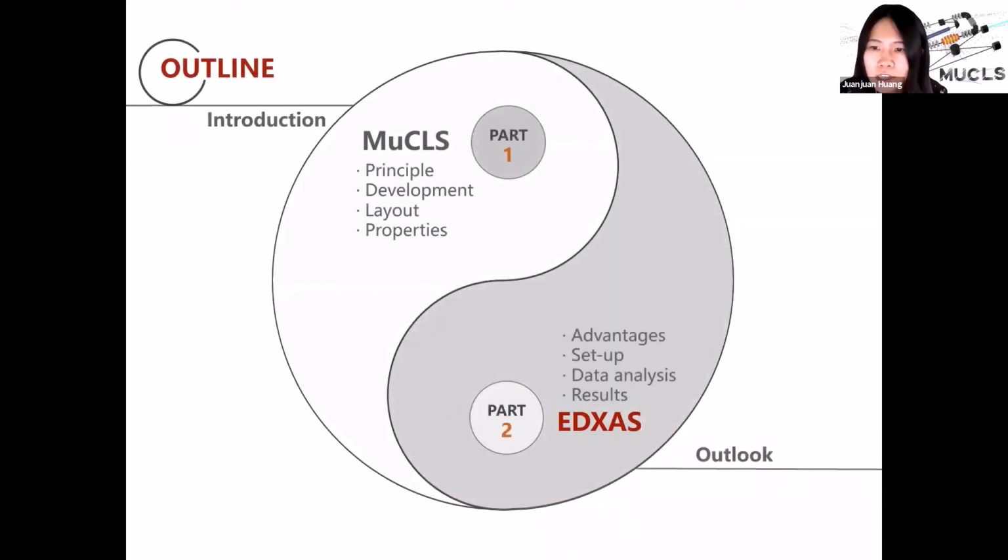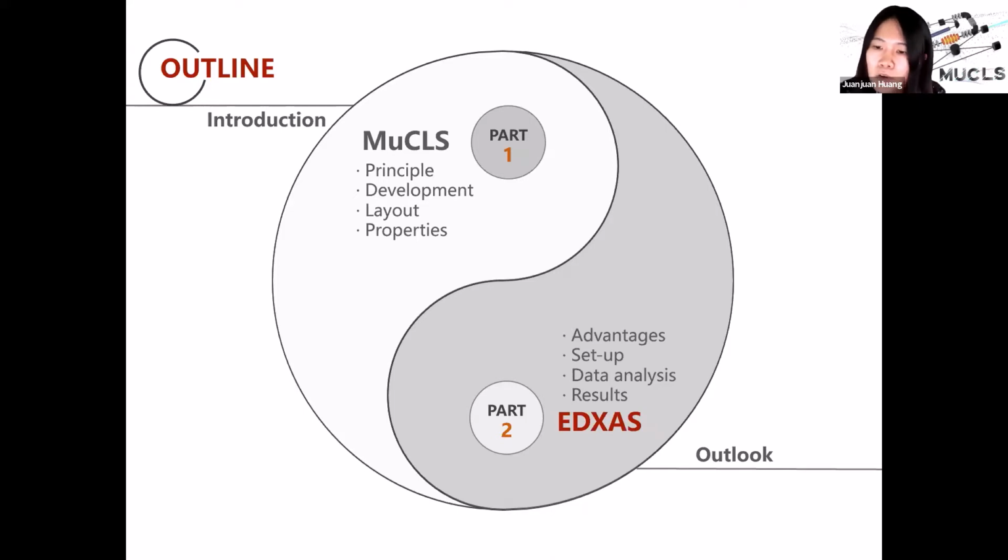The talk today will be mainly divided into two parts. In the first part, I will talk about the principle, the historical development, the instrumental layout and the performance of the source and the facility. In the second part, I will combine the properties of the source and explain why these properties are beneficial for such an energy dispersive XAS setup.